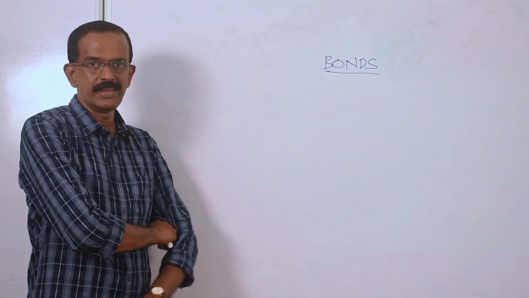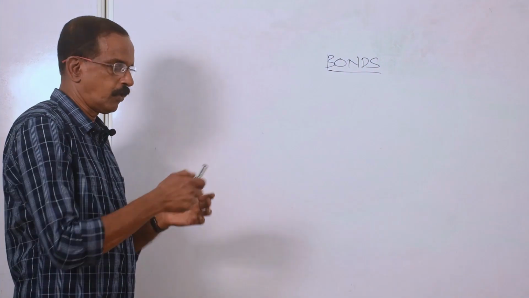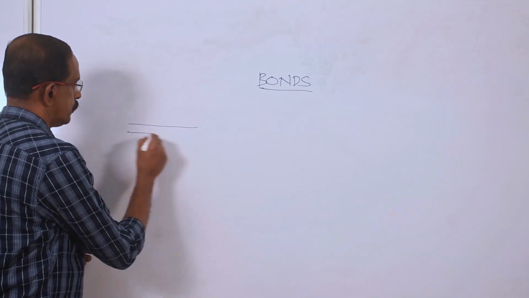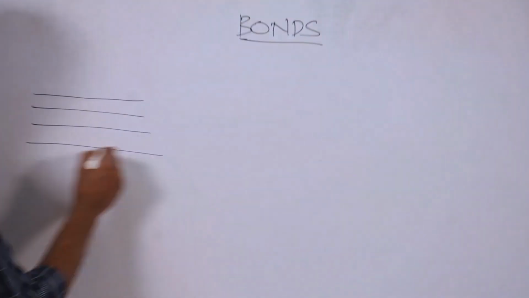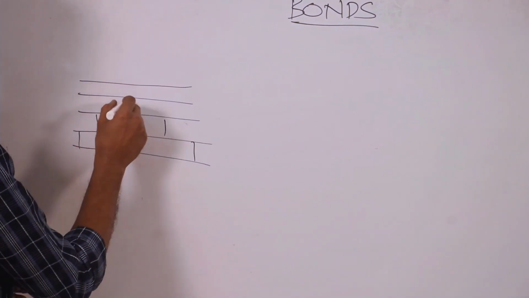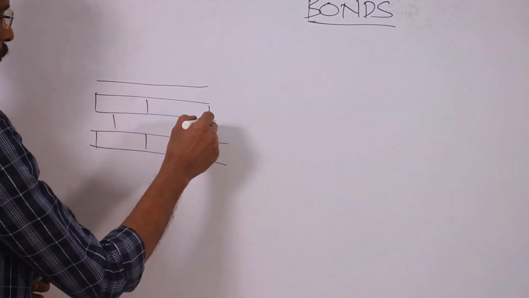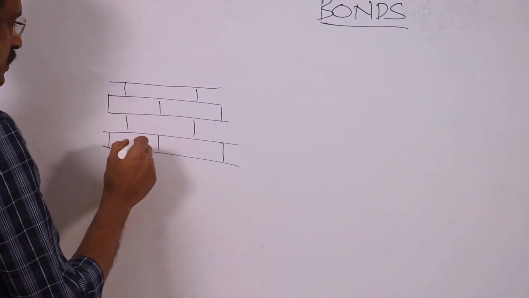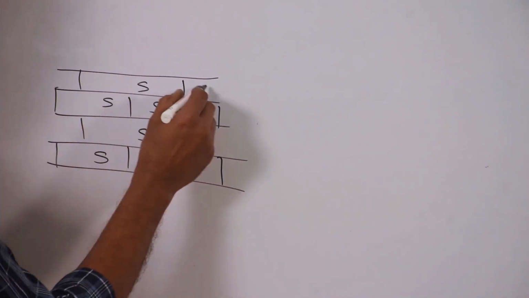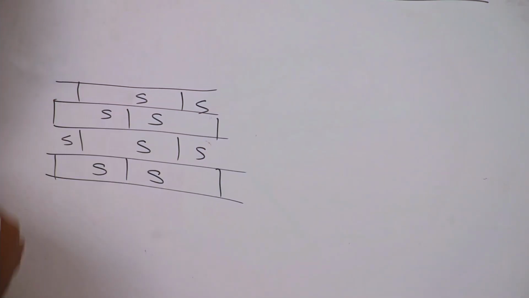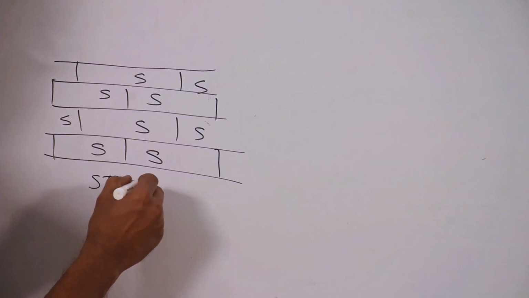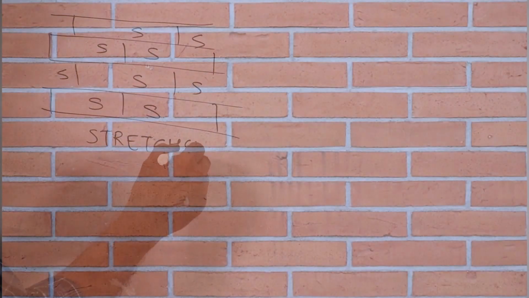If you draw the elevation, that is the front view, it looks like this. These are the stretcher faces of the brick. I will mark them as S. Stretcher, stretcher, stretcher. So this style is called stretcher bond.